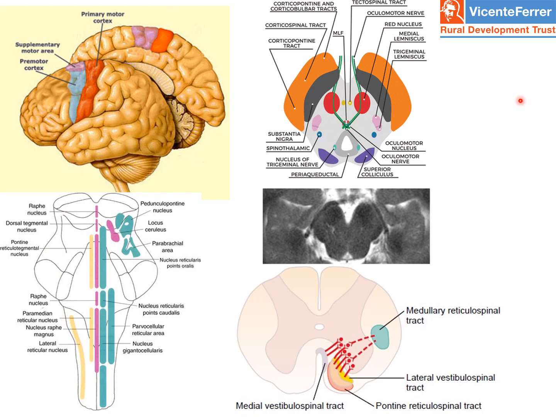Similarly, in the midbrain, the red nucleus helps in controlling the muscle tone, and at the same time the reticular formation, which are vertically located nuclei in the brainstem. They are located in the median region, paramedian region and lateral region.